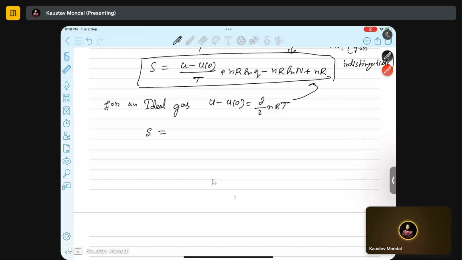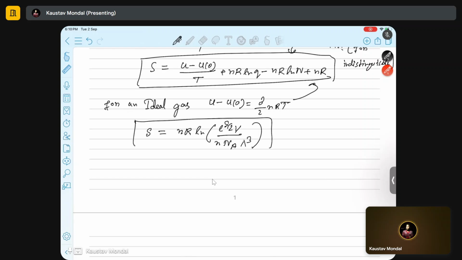If we substitute this into the expression, after a few lines of algebra the entropy becomes nR ln of e to the power 5 by 2 times V by N into N_A by lambda cubed. Here also we have considered that the particles are indistinguishable, so this is one of the assumptions you have to take into account.